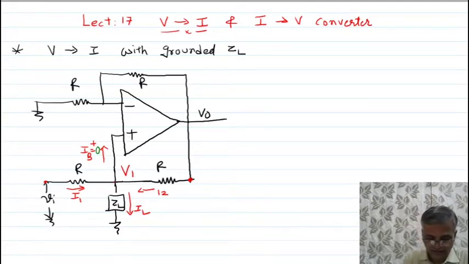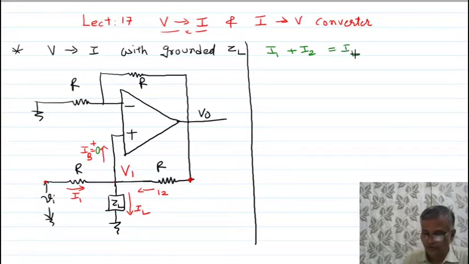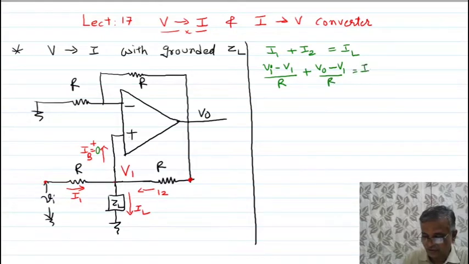Now there is a very easy way to show this. From the circuit I can show that I1 plus I2 is equal to the load current IL. What is I1? Voltage difference upon resistance, plus voltage difference upon resistance, is equal to IL.